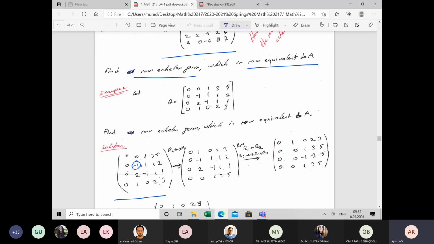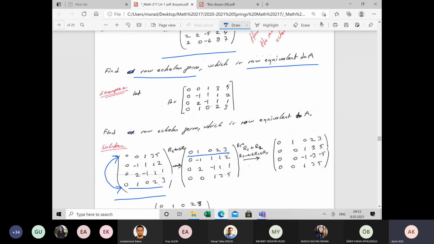This one is a leading one, so I think it will be better if this one is the first row. Use this operation: interchange the first and last row. Then this one should be the first row.